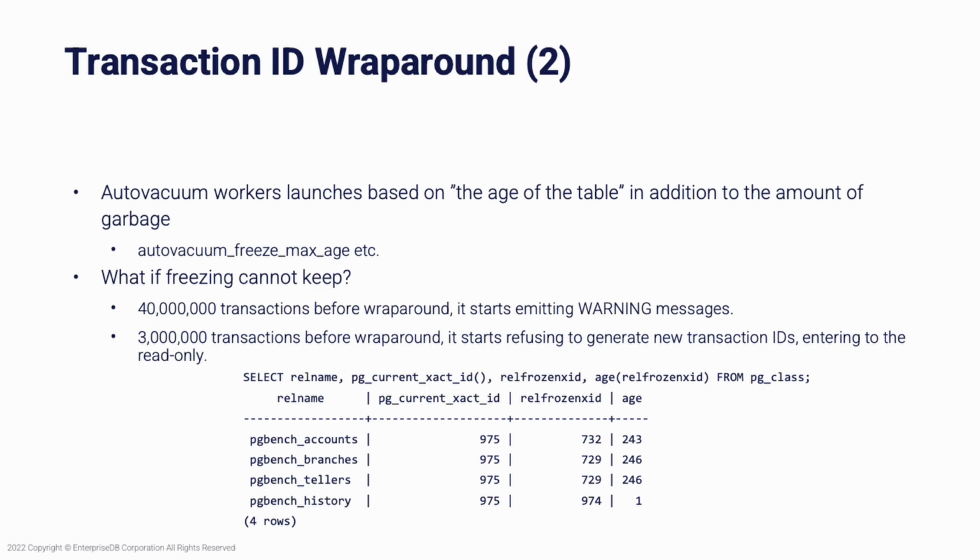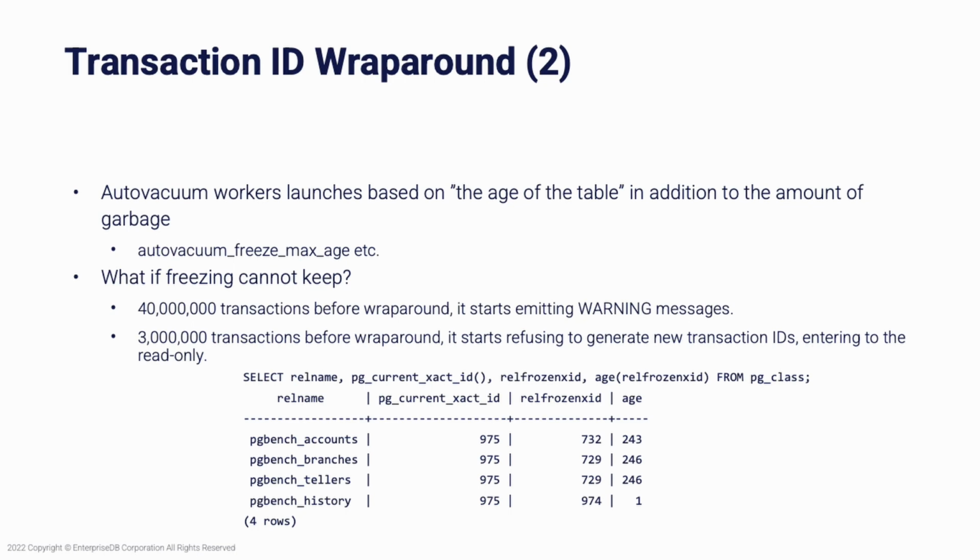So freezing a table rejuvenates the age of the table in a sense. That is, after freezing a table, the age function will return a lower value depending on the vacuum freeze age.